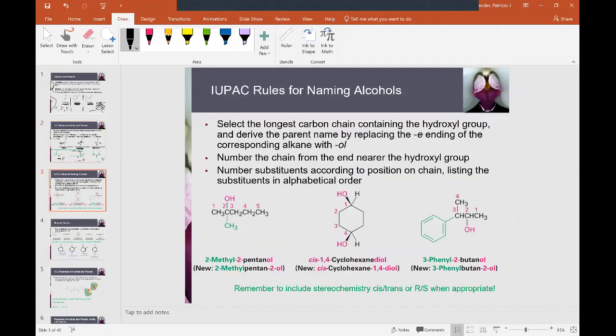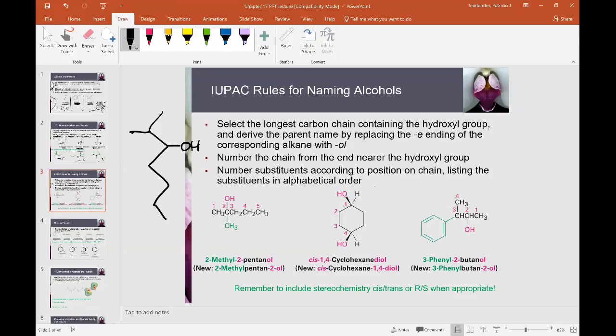Nomenclature. So we need to know how to name alcohols. Well, business as usual. So you choose the longest chain that contains the OH, the functional group. And let's say that if you have a structure like this, what will be the name of this?